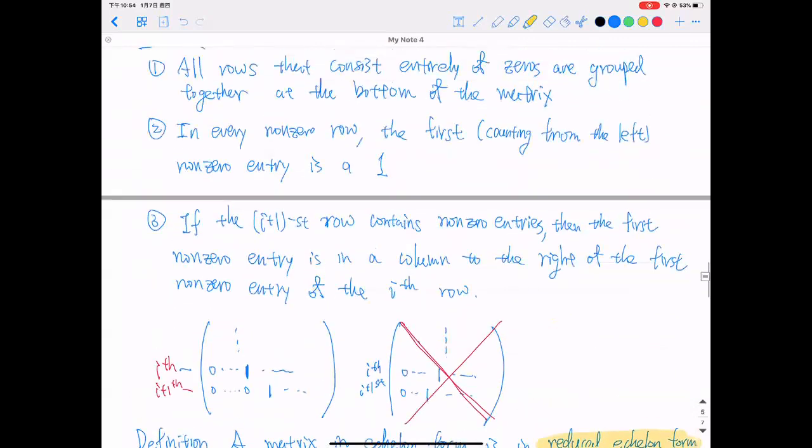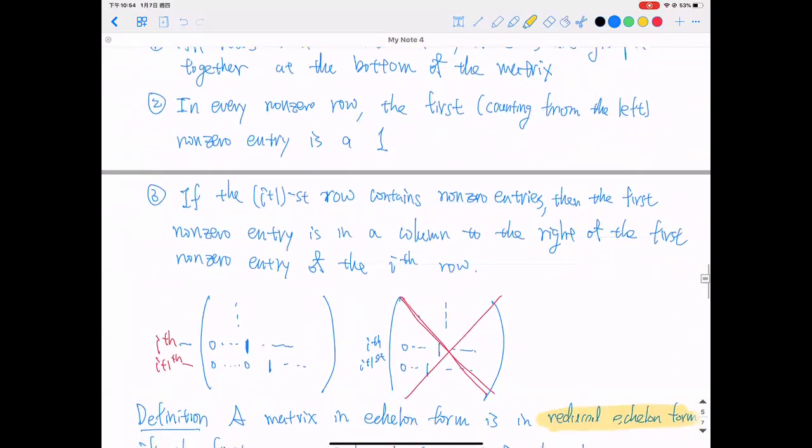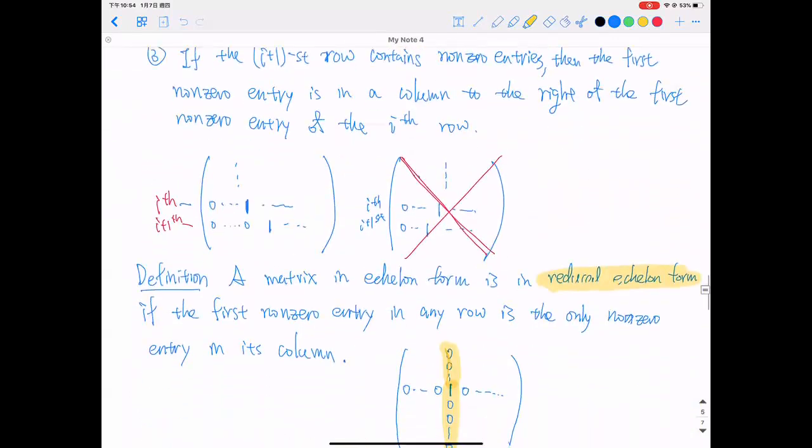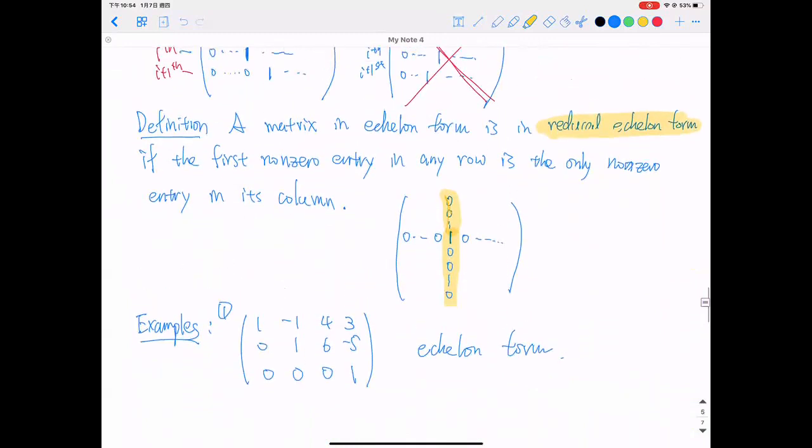Now the second condition is that if a row is not a 0 row, then the first non-zero entry counting from the left is a 1. In this case, the first row is obviously not a 0 row, and the first non-zero entry is a 1. Likewise, the second and the third row.